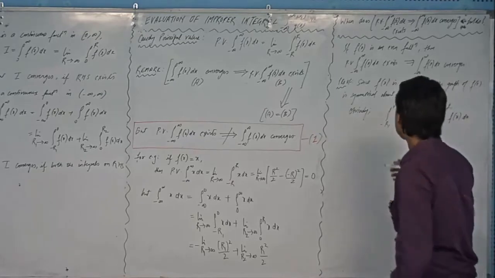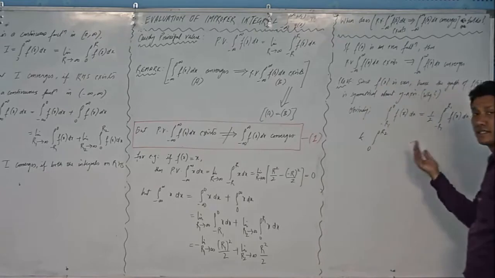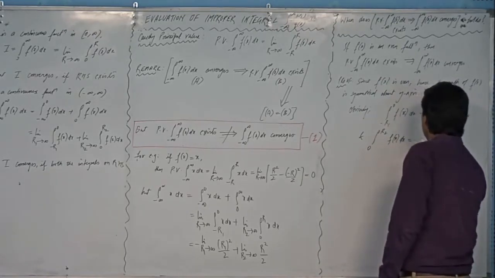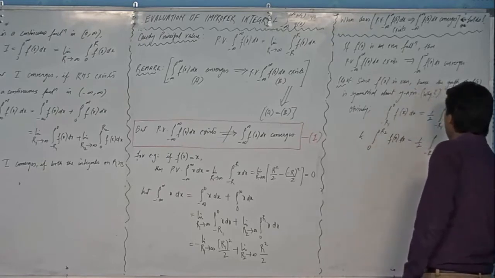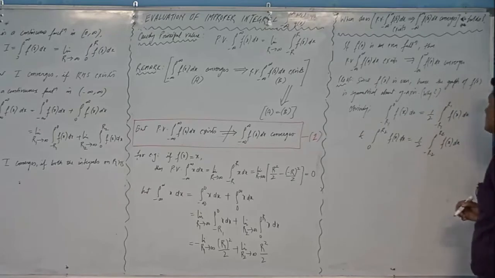And if I write 0 to r2, this is for the right hand side, 0 to r2 f(x) dx should be equal to half of minus r2 to plus r2 f(x) dx.